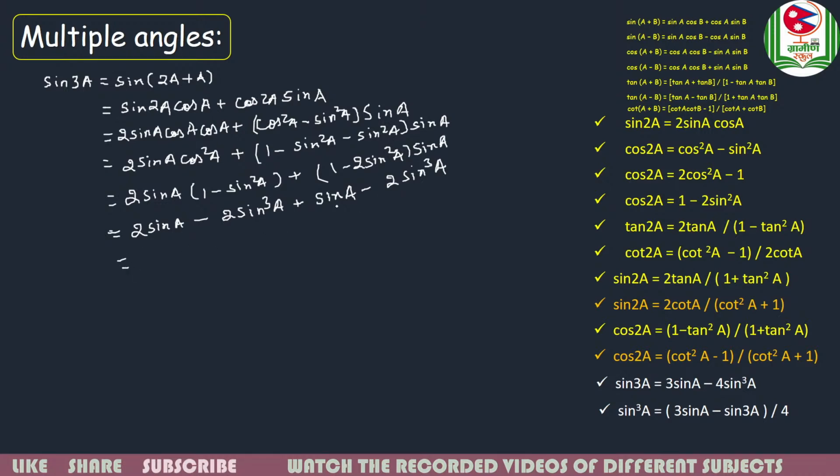This sin A and this sin A are like terms, so we will add 2 plus 1, that is 3 sin A, and this minus 2 and minus 2 gives sin cube A, so it is going to be minus 4 sin cube A. So we have obtained sin 3A equals 3 sin A minus 4 sin cube A, and this is the result that we wished to obtain.